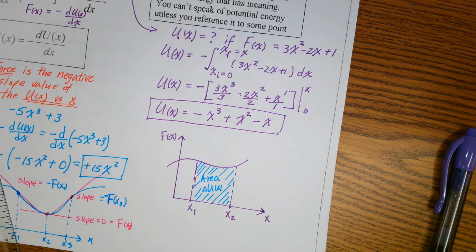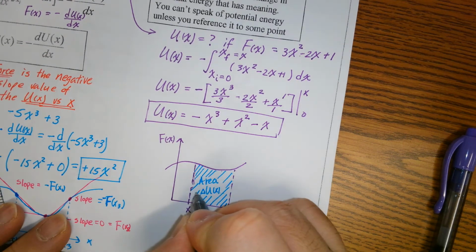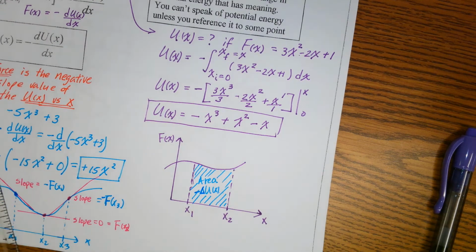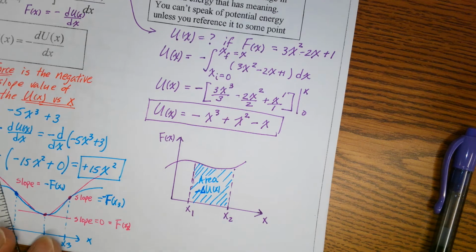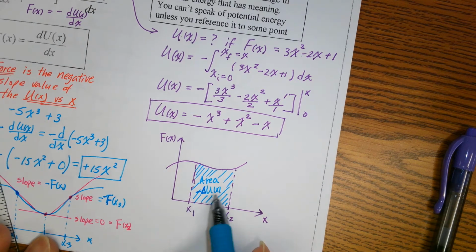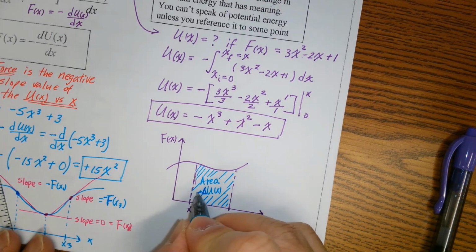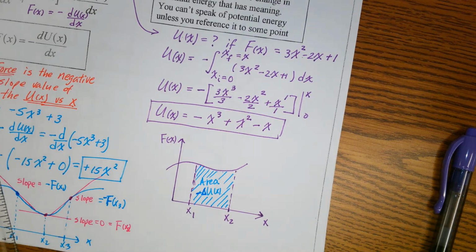Okay? And it should be negative. Okay. Now, if this were 0, then it'd be just negative ux, but if it's not 0, then it'd be change in ux.